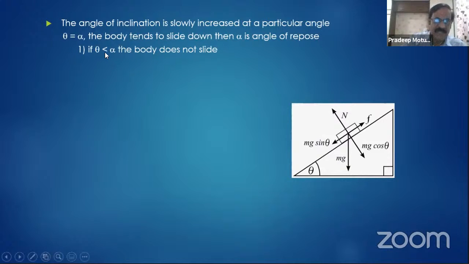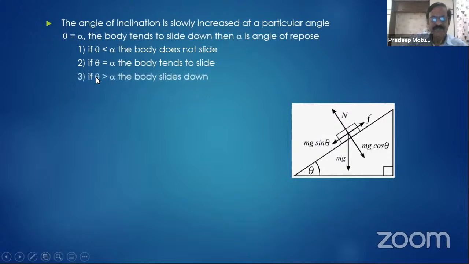If theta is less than alpha, what happens? The body does not slide. If theta is equal to alpha, the body is ready to move, or tends to slide on the surface of the inclination. If theta is greater than alpha, what happens?